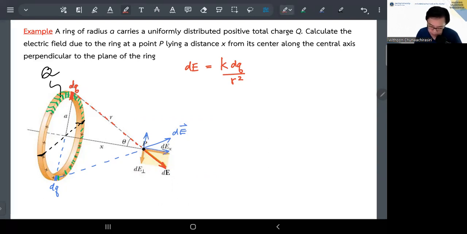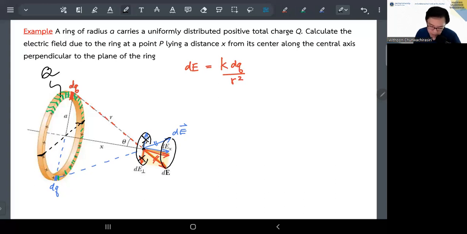And then you do the red one, component. So by breaking the electric field dE into the vertical and horizontal components, you start to see that this vertical component will cancel. So that means the one that you try to rotate until you generate a cone, the vertical component will generate a circle. With me?